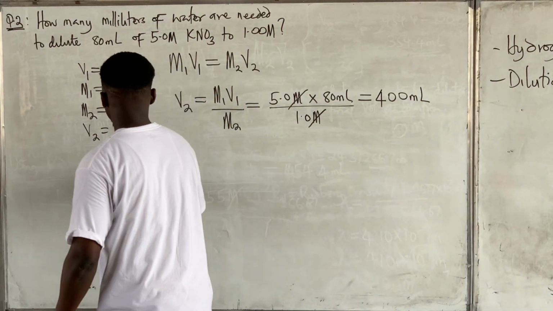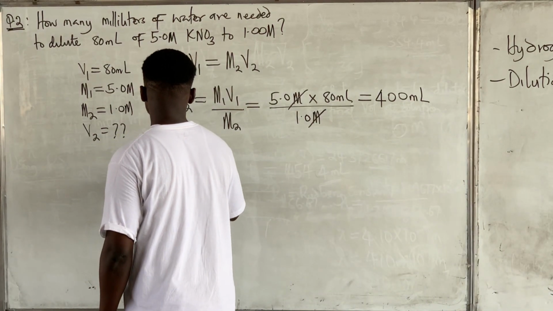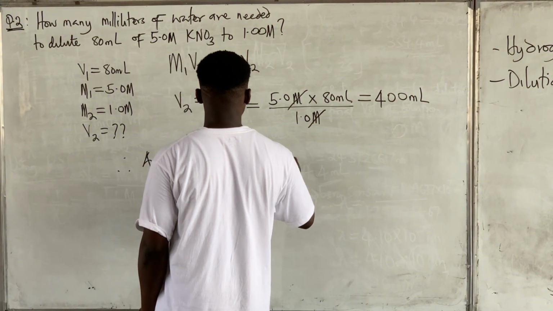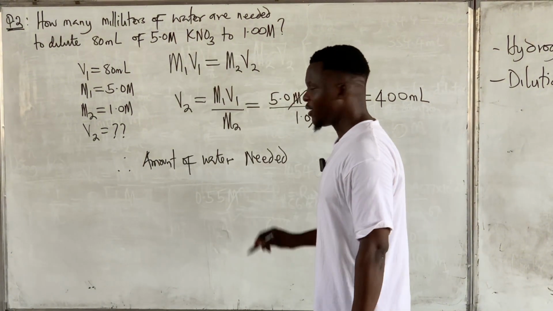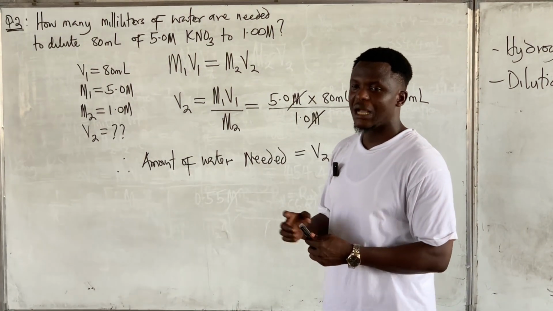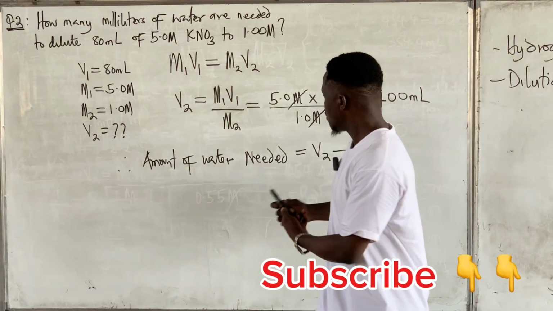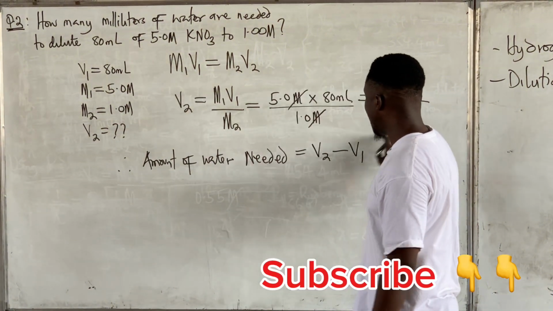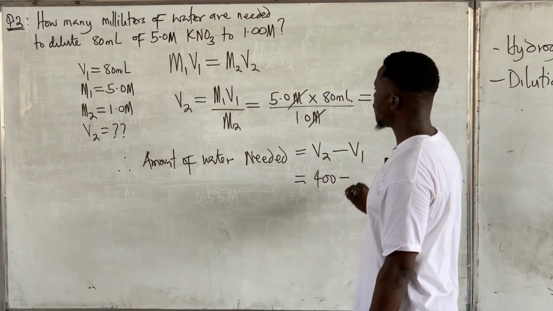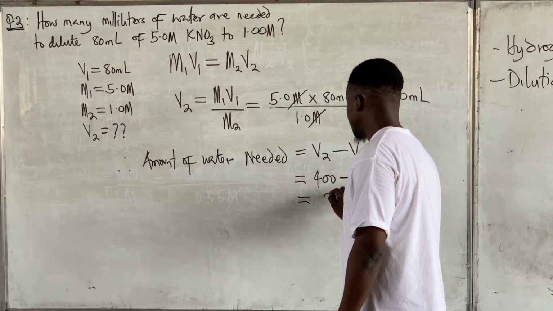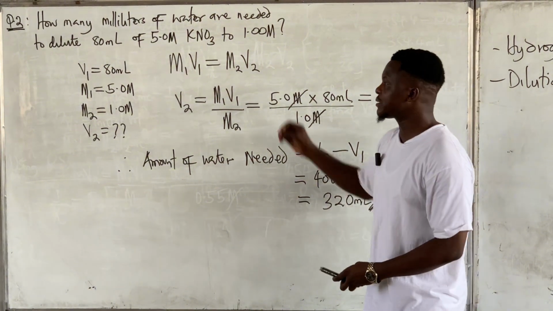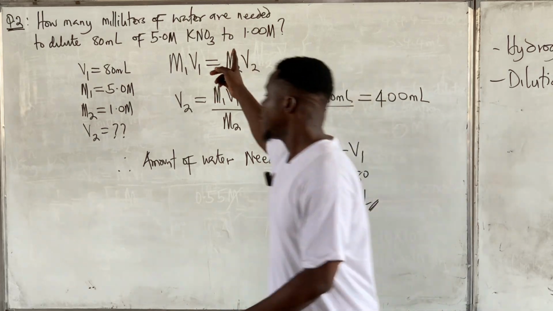So therefore, the amount of water needed to dilute this would be V2 minus V1. They are asking me what is the amount of water that I will add to this 80 ml? So here, the amount of water needed will be V2 minus V1. What is our V2? What's our V1? So what is the amount of water that is needed? This is the amount of water that was added to actually achieve this.